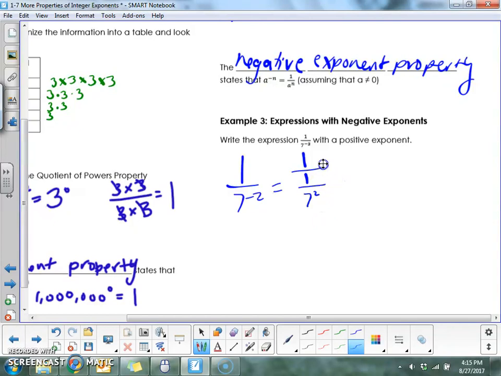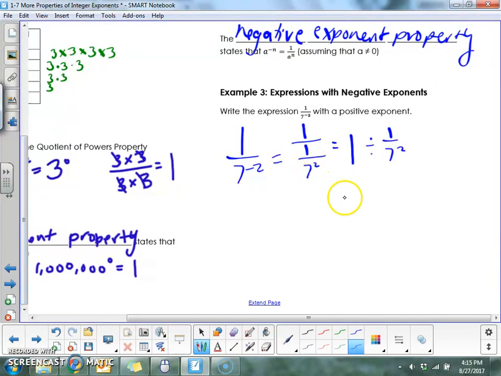And then 1 divided by 1 over 7 squared: if you remember back to when we divided fractions, we changed it to multiplication and flipped our second fraction, so 7 squared over 1. You end up with 7 squared for that multiplication problem, and 7 squared is just 49.